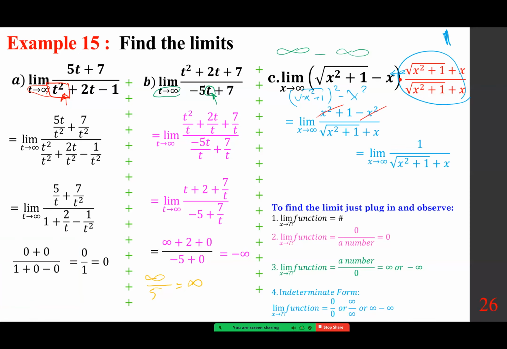And now if you plug in infinity, the denominator is infinity plus infinity, and so 1 over infinity is 0. It happened to become 0. Doesn't happen always. I'll show you in a moment that it's not going to happen always. Zero.